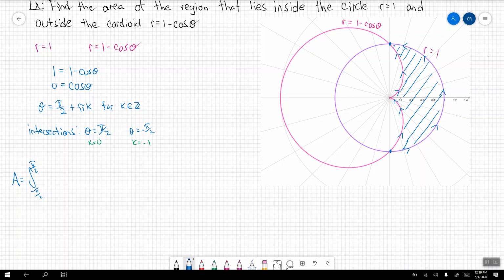The outer radius is 1, so we do 1 squared. I'm going to insert a half over here because the formula uses 1/2. So it's 1 squared minus the innermost function, which is 1 minus cosine theta, squared, d theta.